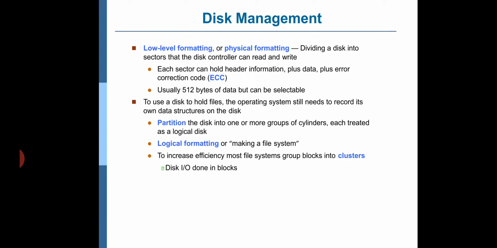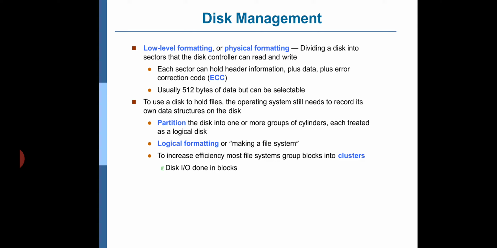Disk management starts with low level formatting, or physical formatting, dividing a disk into sectors so that the disk controller can read and write. Each sector can hold header information, the data, and an ECC, error correction code. Usually 512 bytes of data is selectable. To use a disk to hold files, the operating system still needs to record its own data structures on the disk.